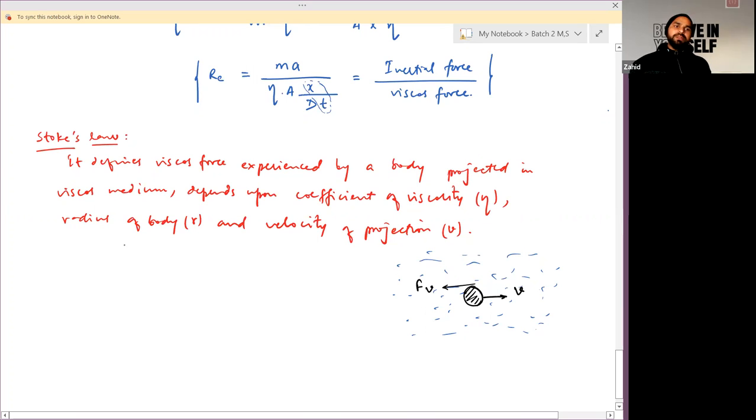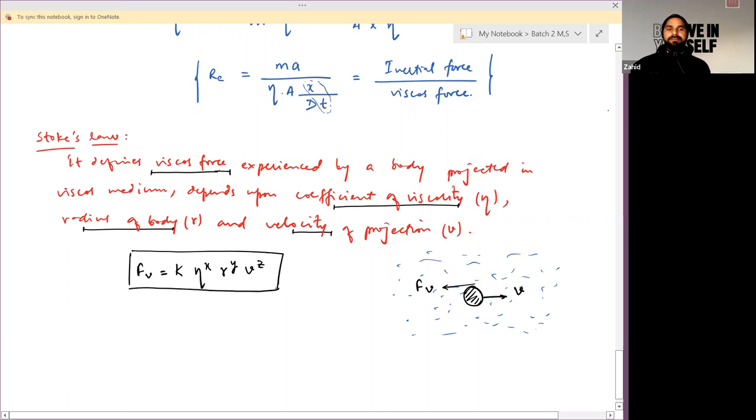According to this relation, this viscous force depends on the coefficient of viscosity, radius of body, and velocity. So we can write F viscous equals some proportionality constant K, times eta raised to x, r raised to y, and velocity raised to z. This will be your empirical relation between these quantities.